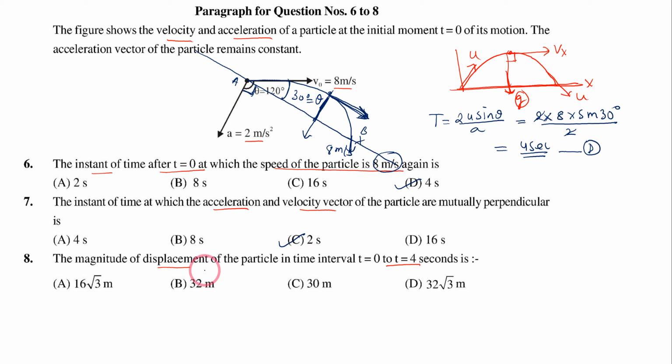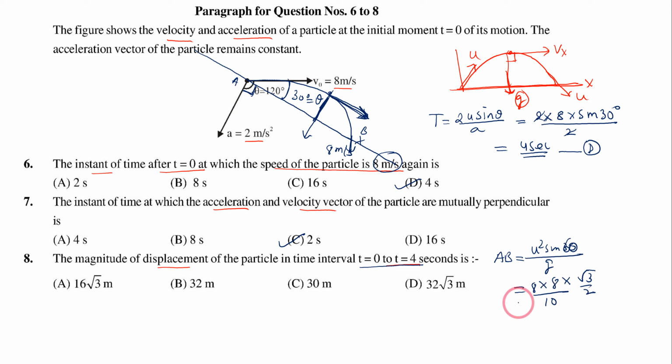Coming to the magnitude of displacement of the particle, so basically they are asking for range AB, right? So AB will be u square sin 2 theta, that is 60, upon g. So 8 into 8 into root 3 by 2 divided by 10.